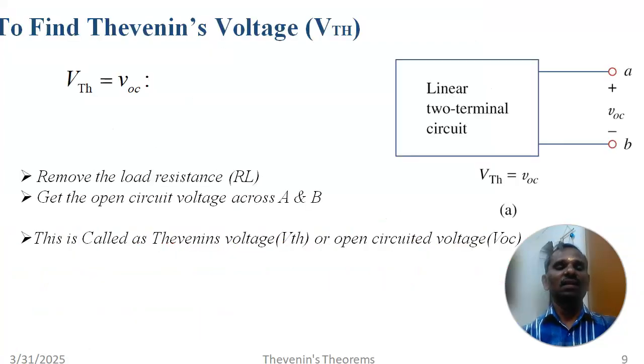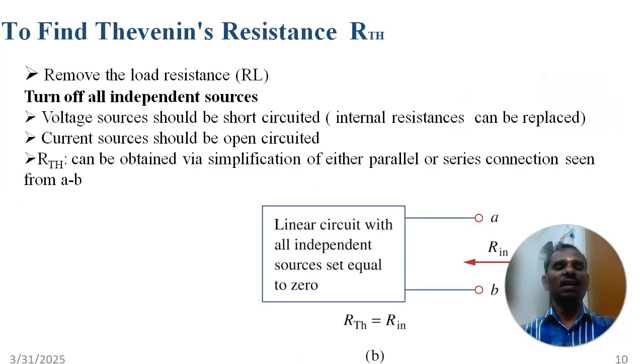In order to find Thevenin's voltage VTH, the other name is VOC: remove the load resistance RL and get the open circuit voltage across AB. This is called Thevenin's voltage or open circuit voltage VOC. Now we have to find Thevenin's resistance RTH: remove the load resistance RL and turn off all the independent sources.